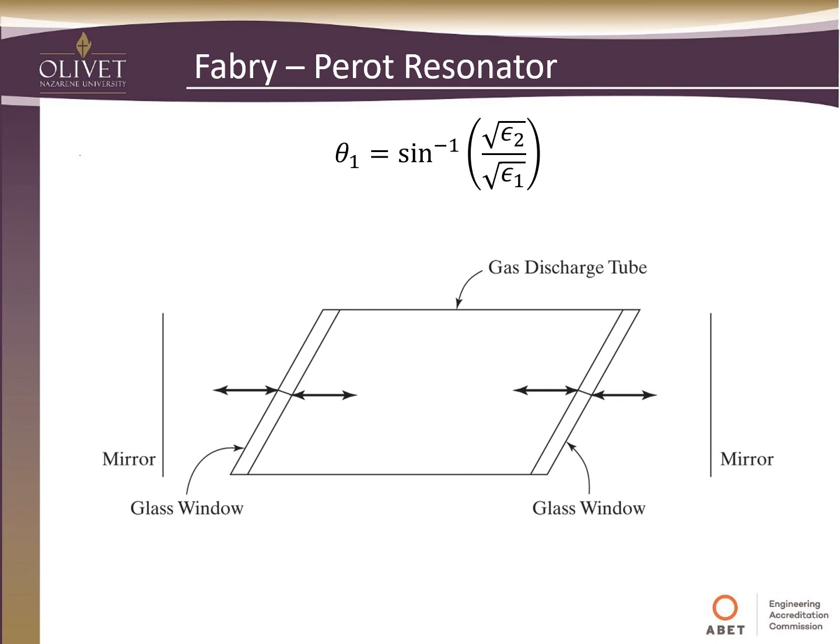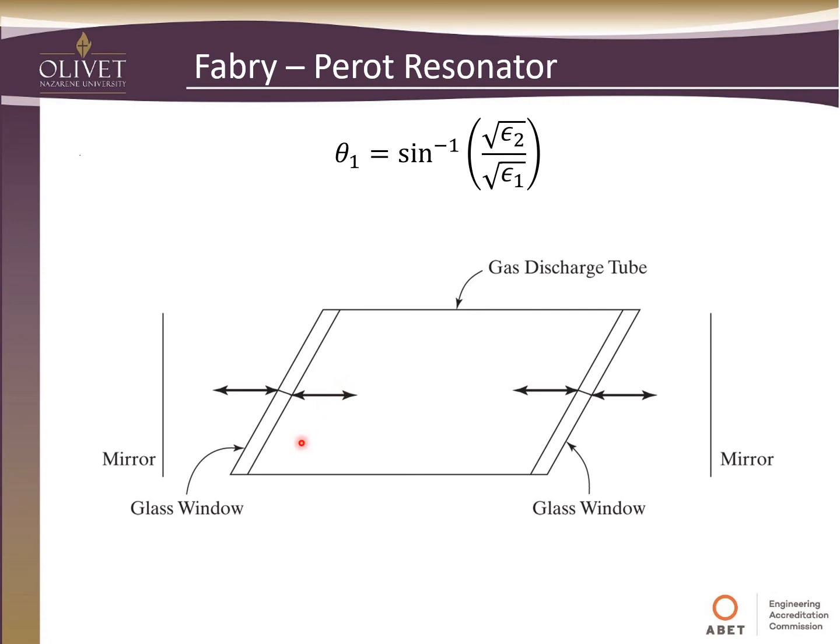So one application of that is what's known as the Fabry-Perot resonator. And so the way this works is they have this cavity, kind of like we had with the waveguide, where we had a rectangular waveguide, but then we put plates on the ends of it and created a cavity resonator. So this is the Fabry-Perot resonator.